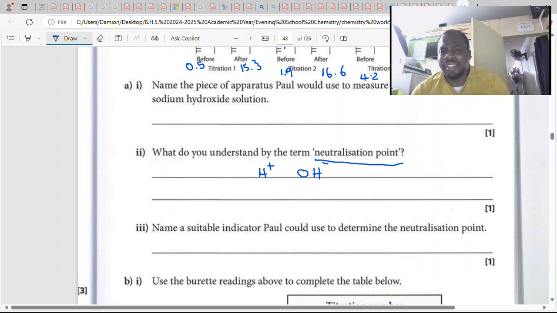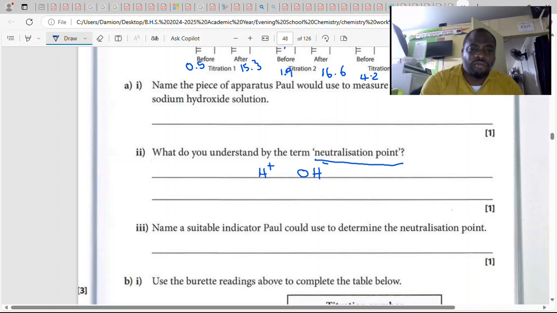Now, the neutralization point is the point at which you basically don't have differences in these two ions. So none of them is more than the other. It's like an equilibrium point, where it's not a situation where you have more H plus ions than your OH ions.